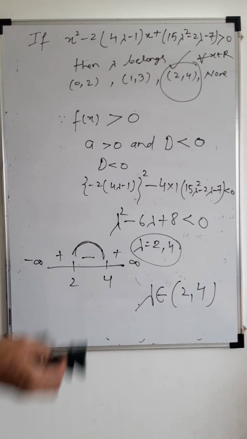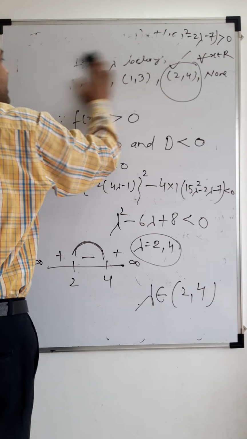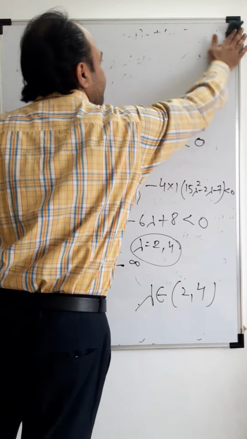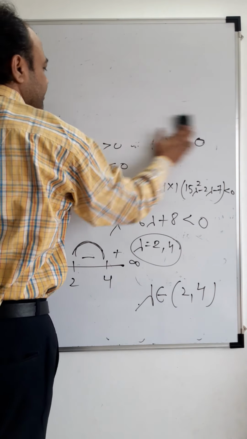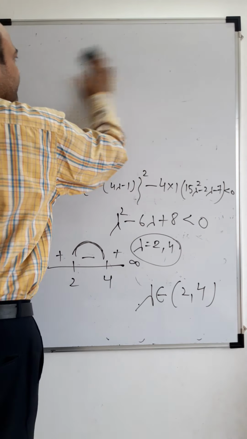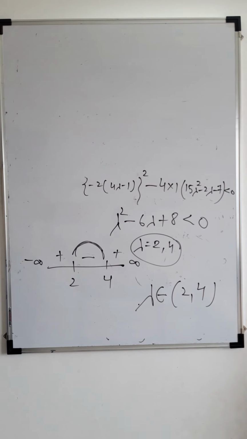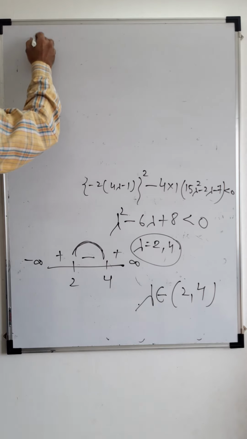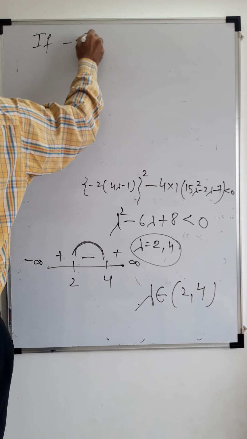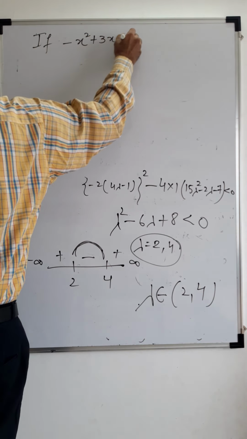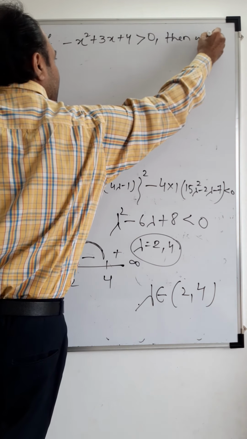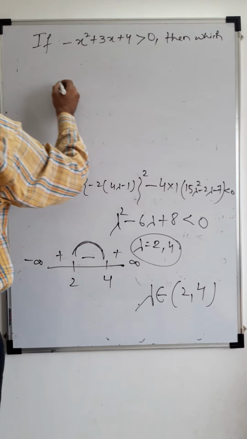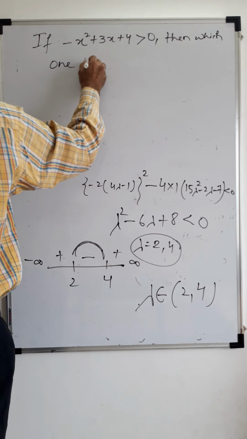We'll go to one more situation. Look at this. If minus x square plus 3x plus 4 is greater than 0, then which one is correct?